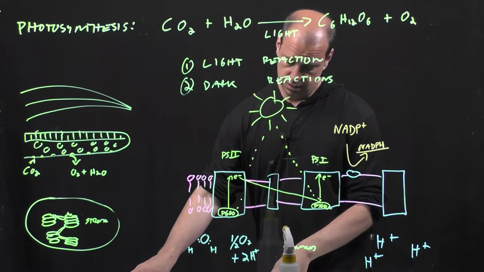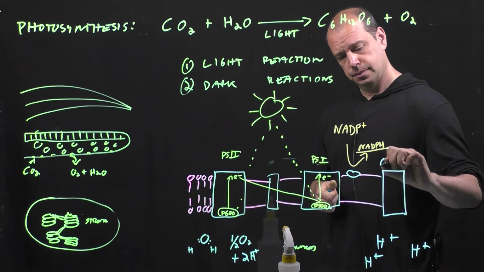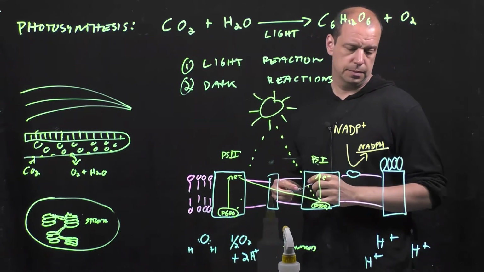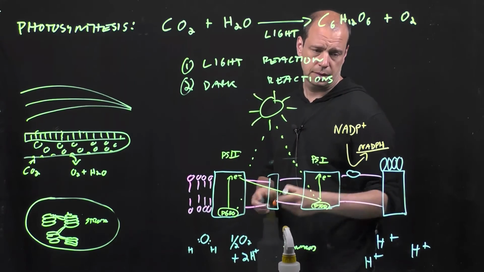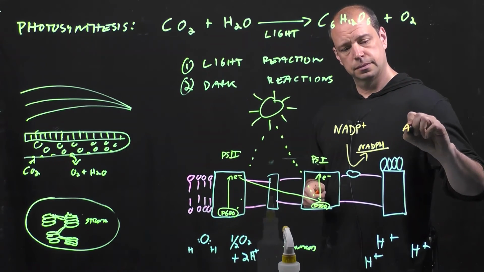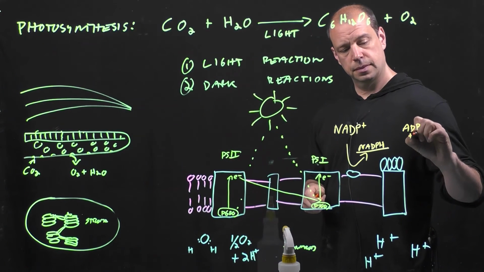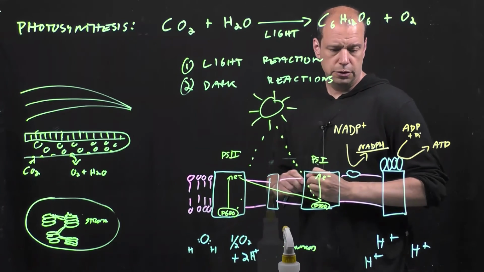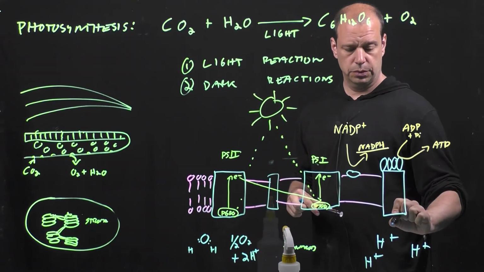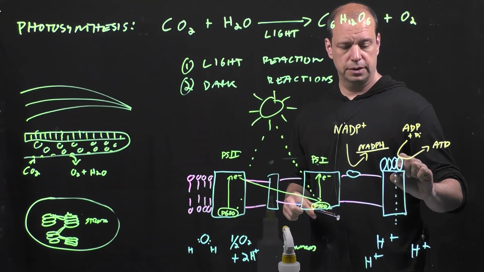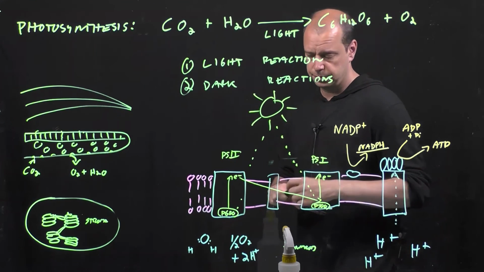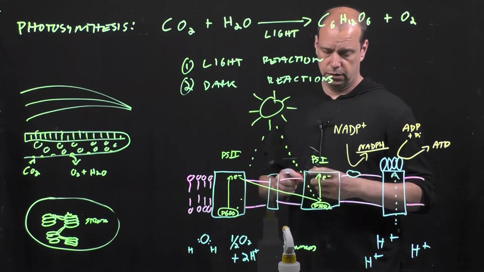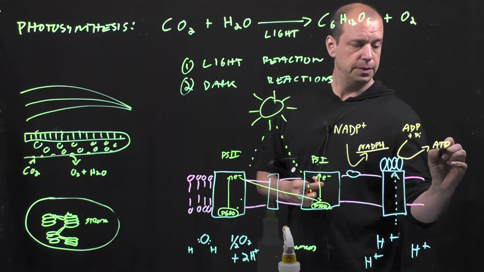Meanwhile, this accumulation of protons is then able to participate in the synthesis of ATP from ADP and an inorganic phosphate through the action of a proton motive force, where these protons diffuse down their concentration gradient through the ATP synthase motor and store energy in the form of ATP.